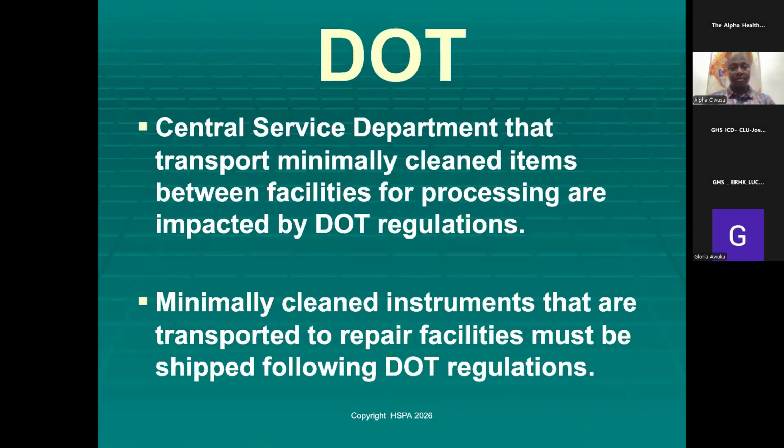So here, the Central Sterile Department transports minimally clean items between facilities, from the operating room, the dental clinic, labor and delivery, the OBGYN to sterile processing. Even in facilities where they do the processing in the OR, you see that it is in their hands. That is not a proper way of handling soiled items.